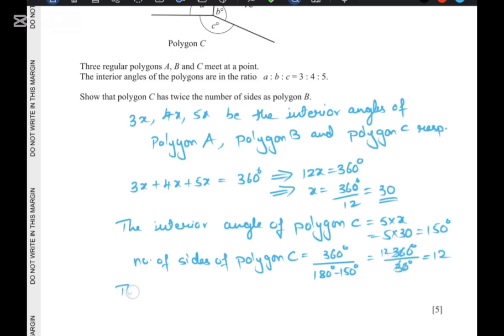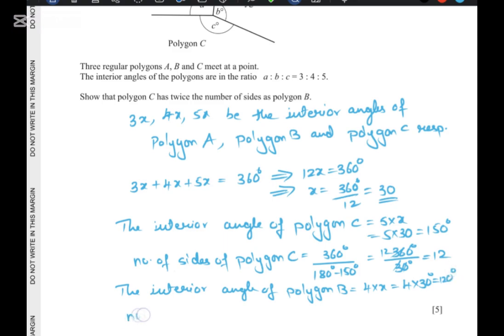The same way, the interior angle of polygon B is 4 into x, that is 4 into 30, which is 120.